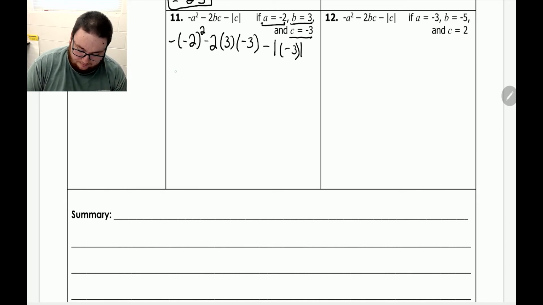And this is our new problem. So we're going to look for parentheses first, since we don't have any, we have the absolute value, so we're going to work with it first. So let's rewrite everything.